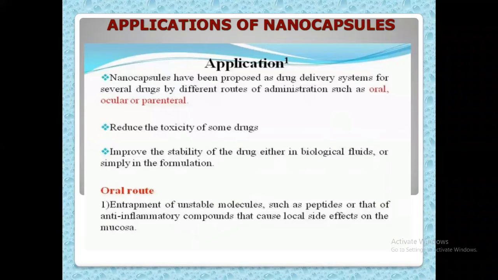They are made up of polymer membranes, like the plasma membrane, so they will not be toxic to the cell. So nanocapsules reduce the toxicity of the drugs. Another important application: they improve the stability of the drug, because nanocapsules release the drug slowly. They improve the stability of the drug either in biological fluids or simply in the formulation, that is the nanocapsule formulation.